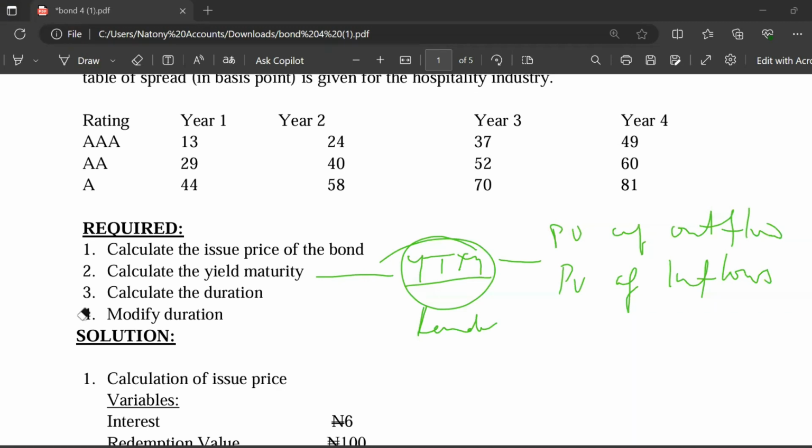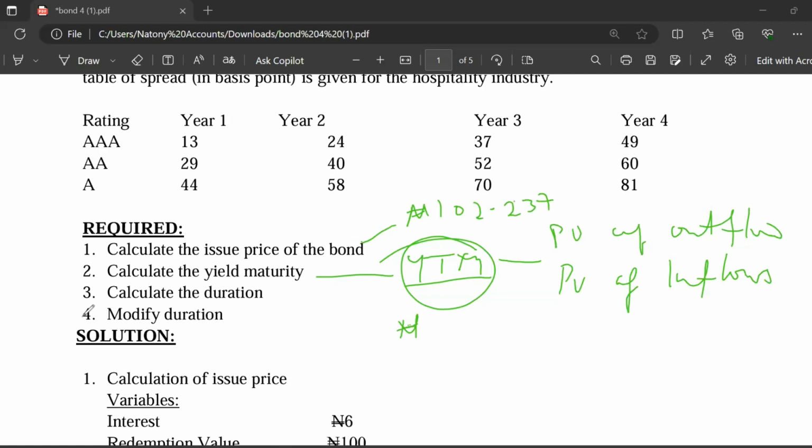And if I'm looking at it from the perspective of the lender, as an investor, if I buy this bond, from the calculation we did earlier, the bond price was estimated to be 102.237.